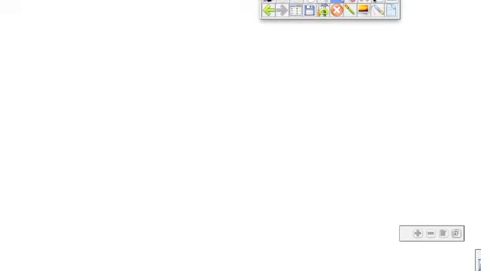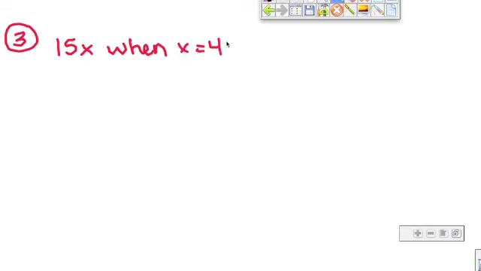Okay, so looking at the problems that we did today in class, I'm going to go ahead and give you a problem. This is actually number 3 in your textbook on page 5. We have 15x when x equals 4. Okay? All this means is to substitute in 4 for x.